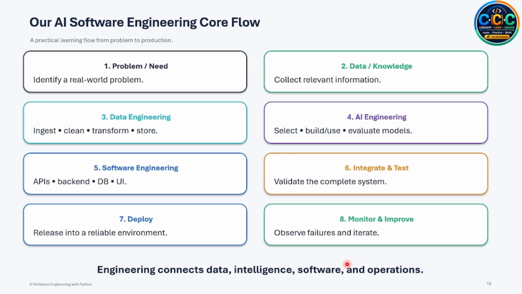To make that AI model useful for users, you need software engineering skills to develop an application that connects users with AI models. Then you integrate all these components together and deploy in a real environment. You also need to monitor and improve your application and AI model. So engineering connects data, intelligence, software, and operations all together.